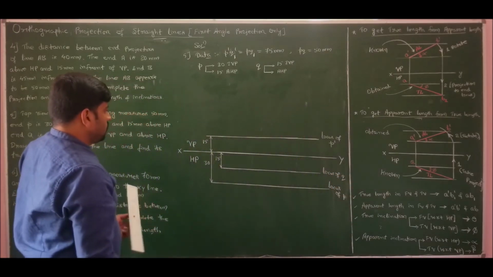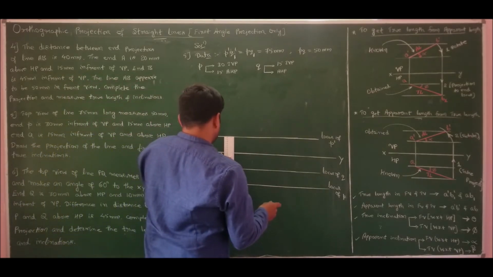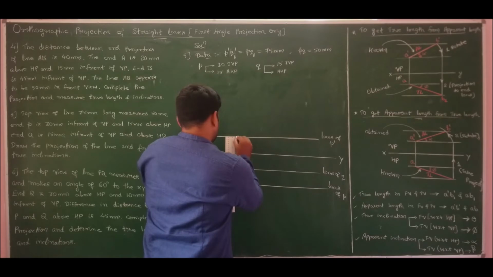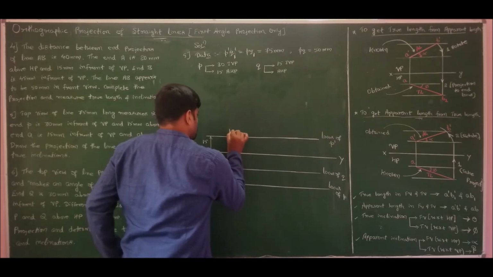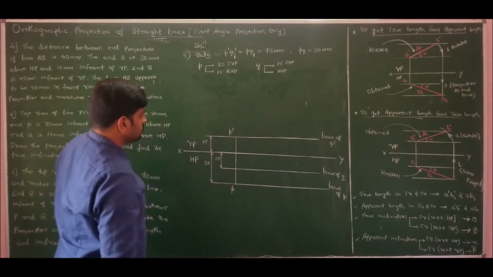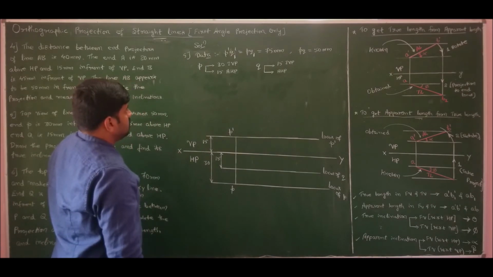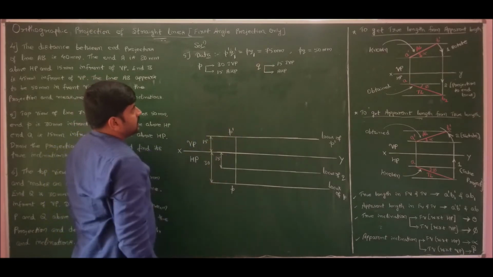Now to start the problem, let us fix point P. If I fix point P, I will get the projection, and I will fix point P dash and P to start the problem. We know that the true length of this line is 75 millimeters.